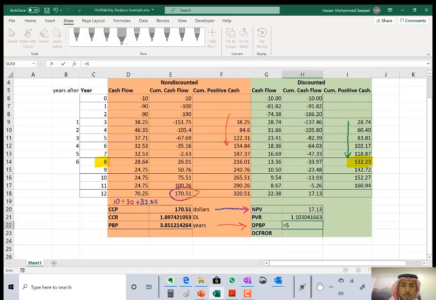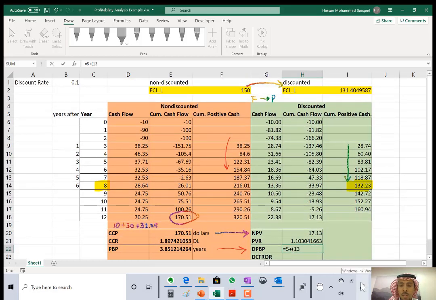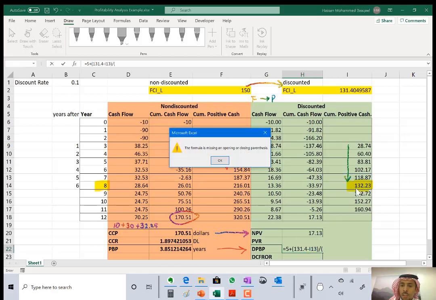So 5 plus the number I'm looking for here, 131.4 minus 118.9. Let me use the cell. Okay, divided by the whole range.